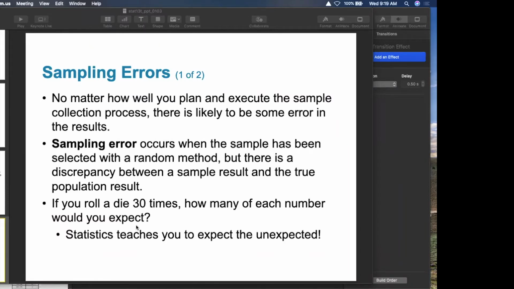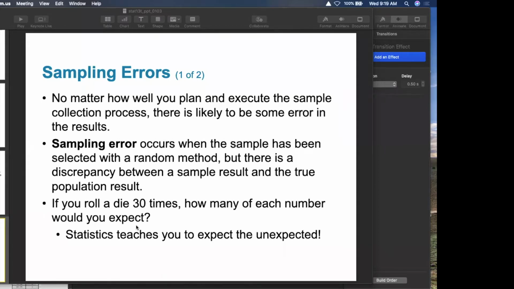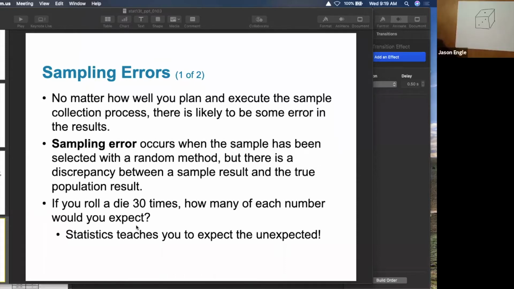And after you answer that, how many 2s would you expect to get? And how many 3s? It's hard to predict, but you can make an educated guess.